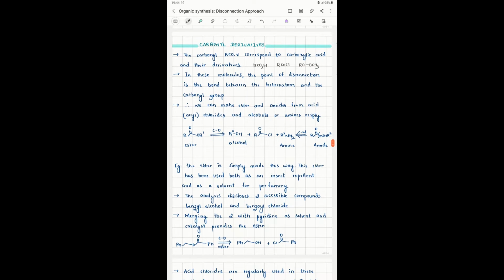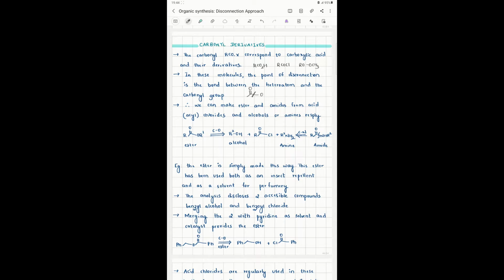So where do we disconnect in this particular system? If there is a presence of a carbonyl group and a heteroatom like this, we will be disconnecting at this particular position and hence we will be doing a one group disconnection. Therefore, we can make esters and amides from acid chlorides and alcohols or amines respectively.